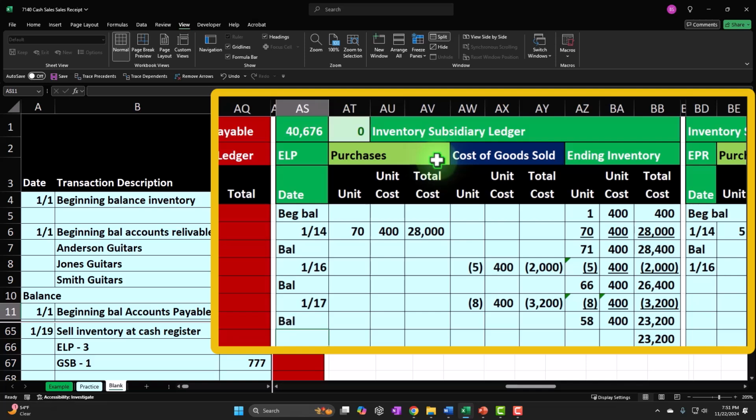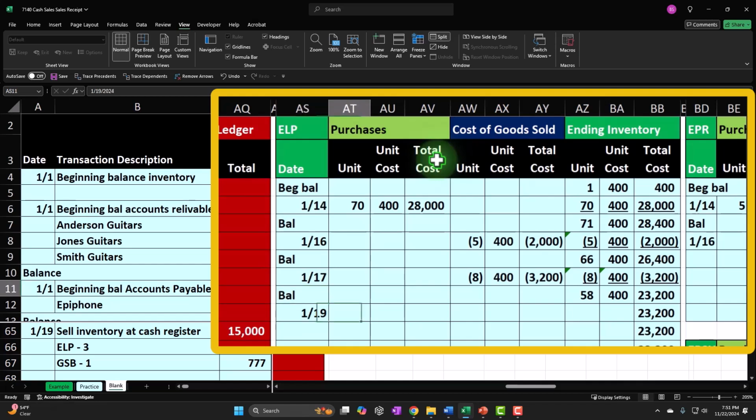And now we're on 119. And this is going to be how many units? We sold -3 units. They cost $400. This is going to be -3 times 400. And then we'll pull that to the right, -3, and this is 400.